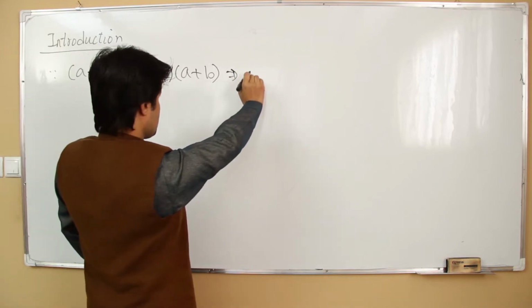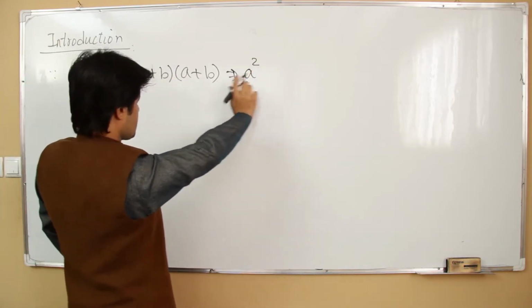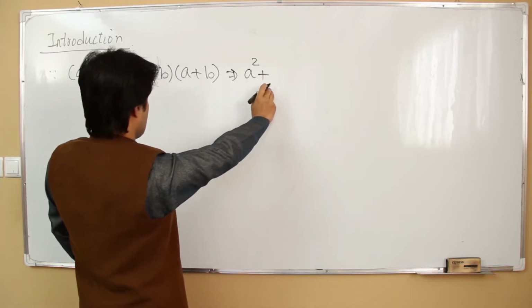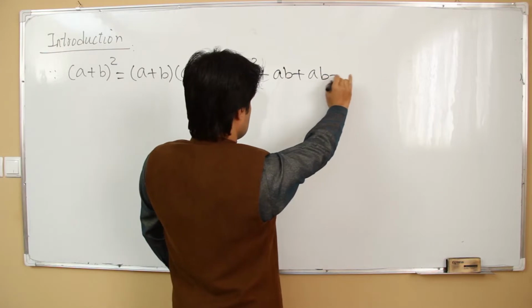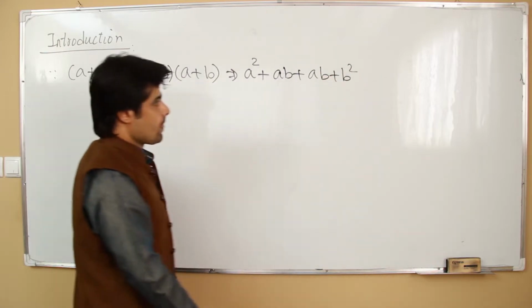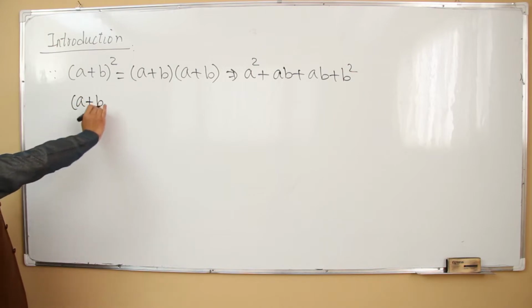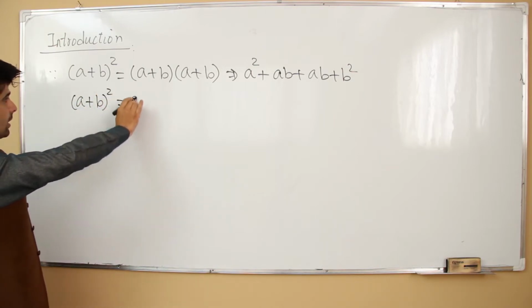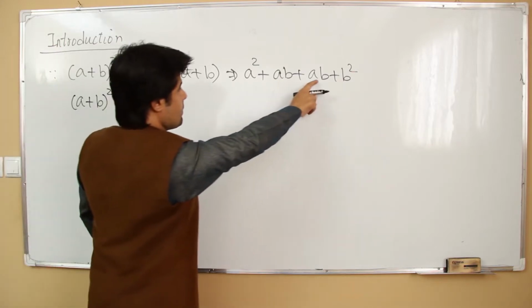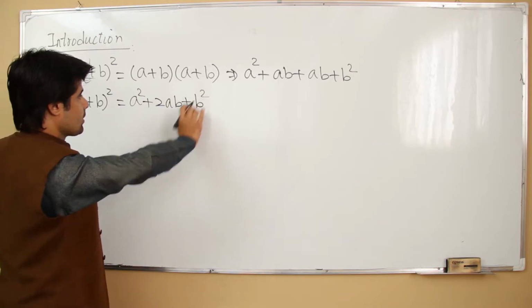A times a is a squared. Positive times positive is positive. And a times b is ab, plus b squared. I am sure that you know. Then we have (a plus b) whole squared is a squared plus ab with ab, which is 2ab, plus b squared. Am I right?